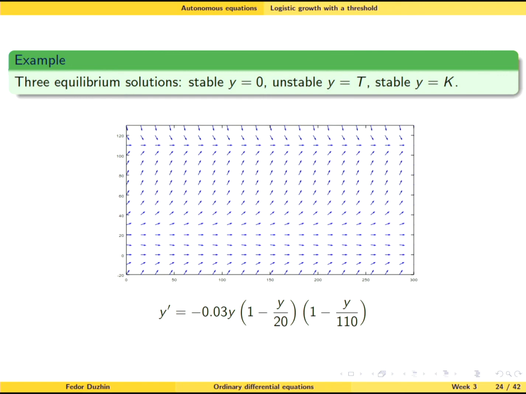So stable equilibrium y equals 0, which is the same as the usual logistic equation, and unstable equilibrium y equals T, which is the threshold, and then another stable equilibrium y equals K. That's the carrying capacity.